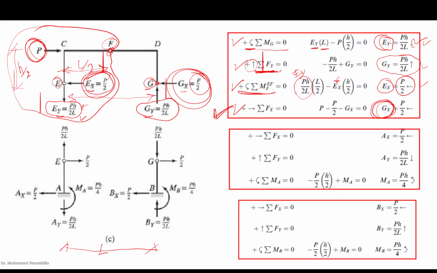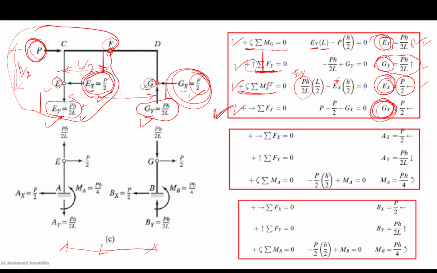EY, EX, they are the reactions at point E, the horizontal and the vertical. And then GY and GX, they are the two unknowns at point G. Then now we know the four unknowns at points E and G.